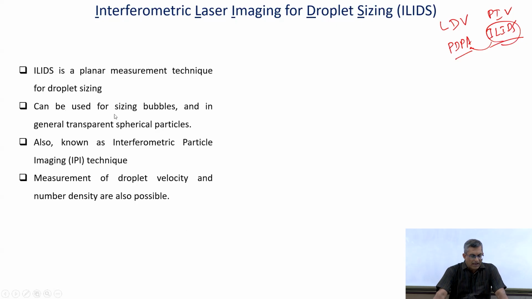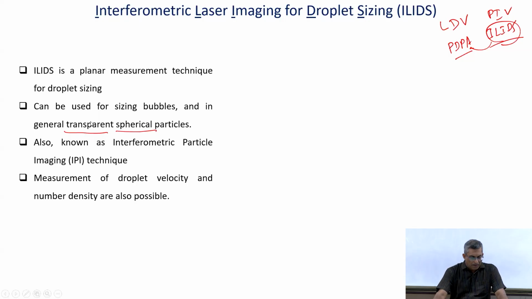We can use ILIDS for sizing bubbles and in general transparent spherical particles. Here two conditions are important: one is that the particle has to be transparent, and the next is that it has to be spherical.